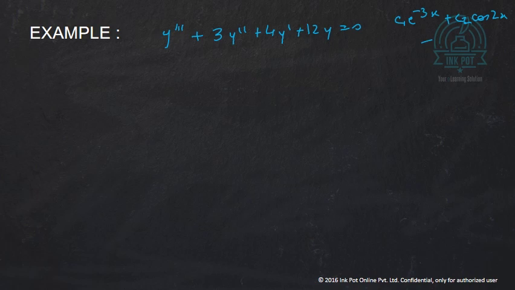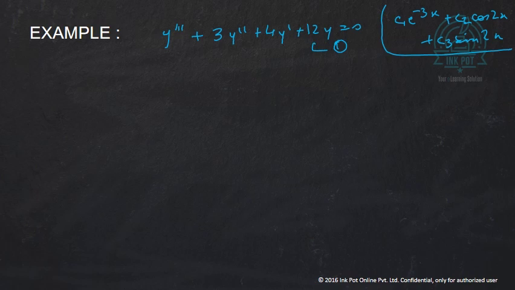Let us revisit the example in which we consider the differential equation y triple dash plus 3y double dash plus 4y dash plus 12y is equal to 0. So we saw that if we consider a function of the form c1 e to the power minus 3x plus c2 cos 2x plus c3 sin 2x, then this was a solution of equation 1 for any arbitrary constants c1, c2 and c3.